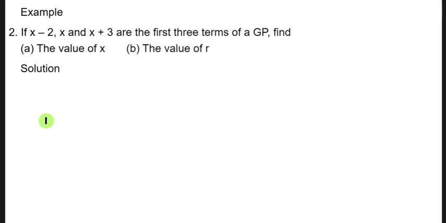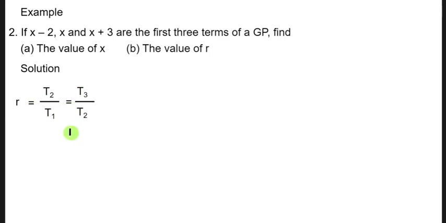You must use the common ratio, because if you get this divided by this, it is the same as this divided by this. So you say the common ratio r is equal to T2 over T1, and it is the same as T3 over T2. That's what we said.